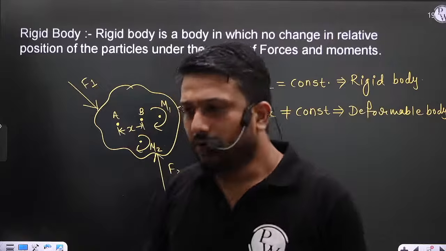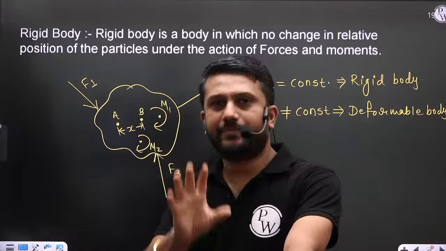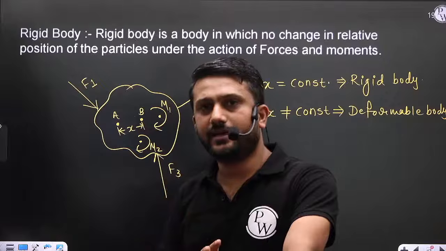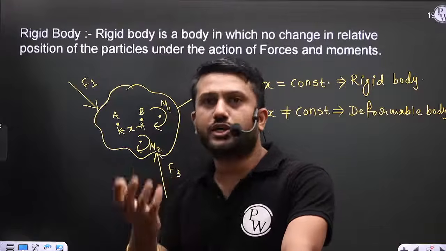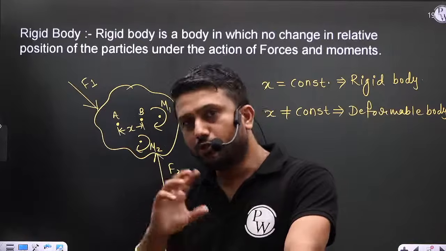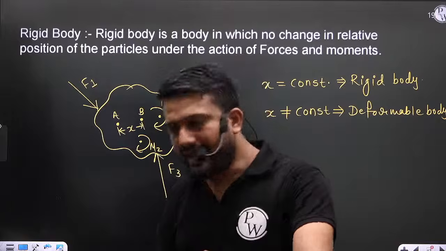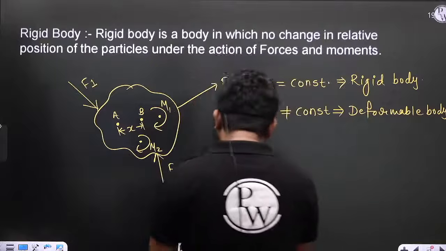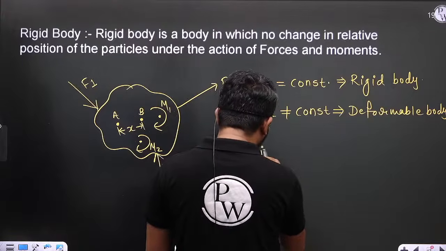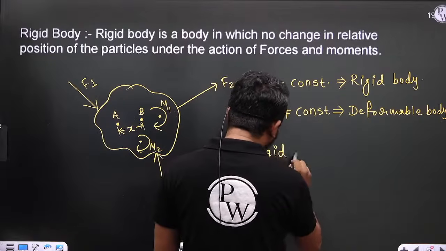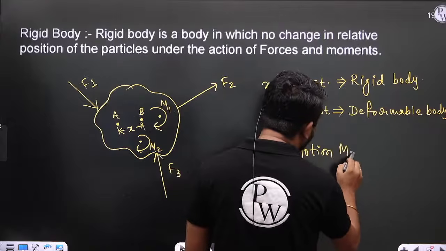In fluid mechanics, there is one chapter in which the motion of the fluid is like a rigid body. So in fluid mechanics, there is a chapter that is rigid body motion.